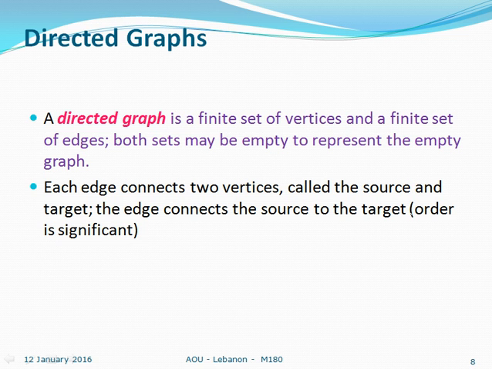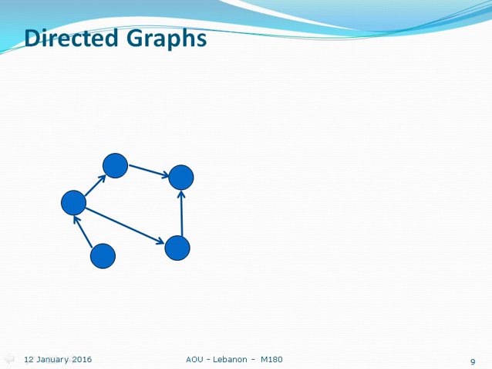But the difference between the directed and the undirected graph is that the edge has a direction: the edge has a source and a destination, or the edge connects the source to the target. For example, we see this graph is a directed graph, where the edge has a direction. Let's say it is V1 V2, so the edge is from V1 to V2.